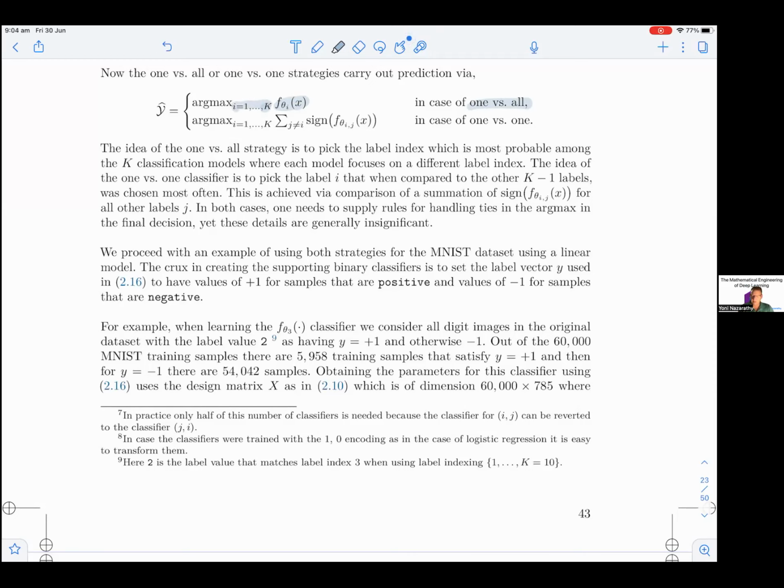The prediction for 1 versus 1 is more complicated, because for every label i, we're going to sum over all the j's the signs, comparing the models f theta ij over all other cases.